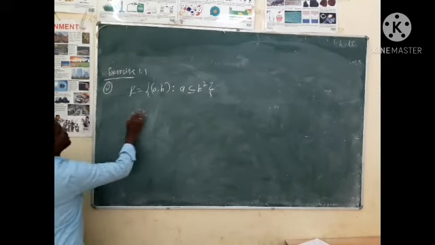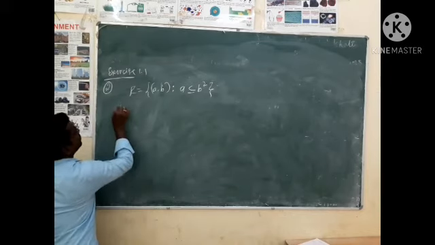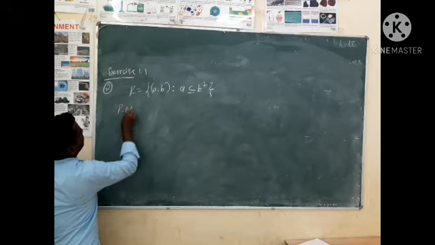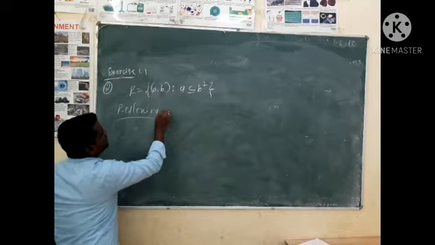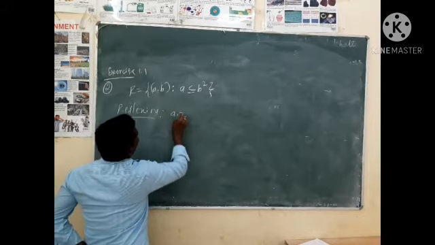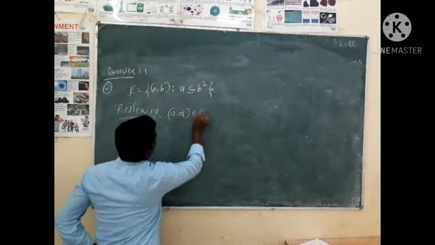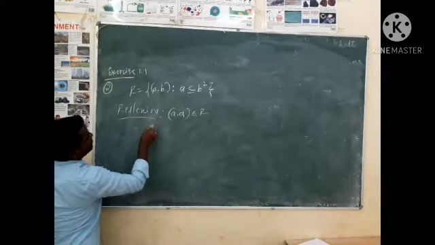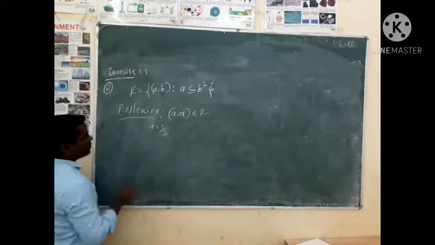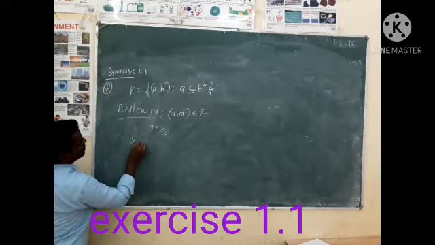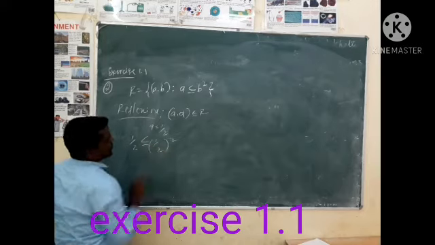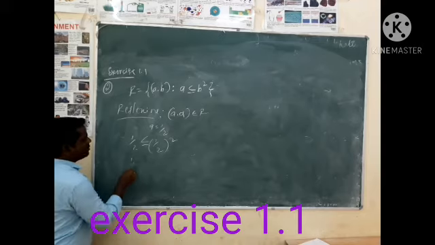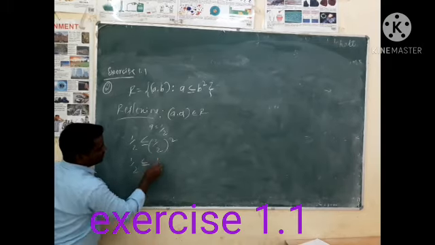First, the reflexive condition: we know that for reflexive, (a, a) belongs to R. If we take a = 1/2, is 1/2 ≤ (1/2)²? That says 1/2 ≤ 1/4.